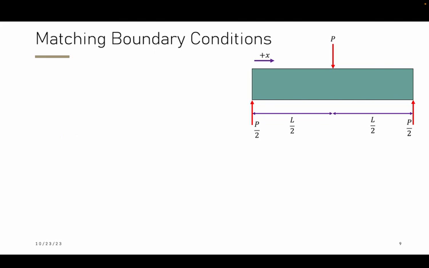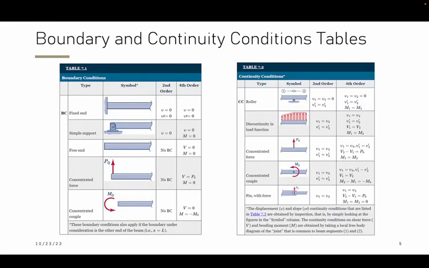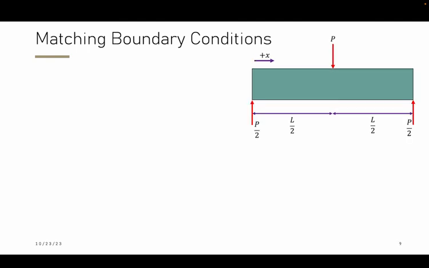So now we can look at our left section again. So this is region 1. So we have EI v double prime is equal to M1, which is equal to P over 2 times x.